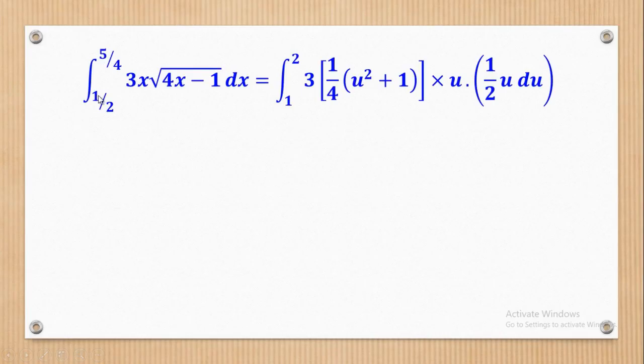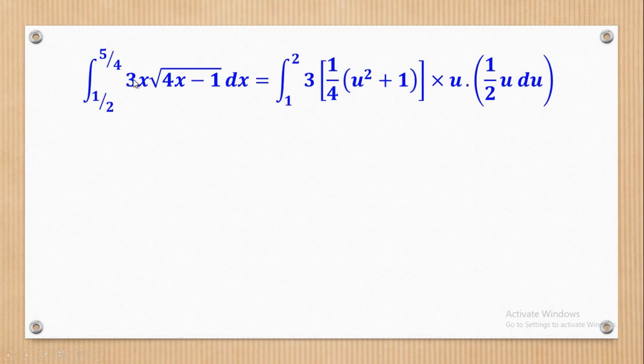Now that I've got the limits and I've got dx, I'll come and substitute. Now I think you can see that now the limits have changed. Where there was a half, I've put there 1, and where there was 5 over 4, I've put there 2. But I've done that only if this has changed to du. So this was dx, implying that these values were x values, and now this is du, implying that these values must be values of u.